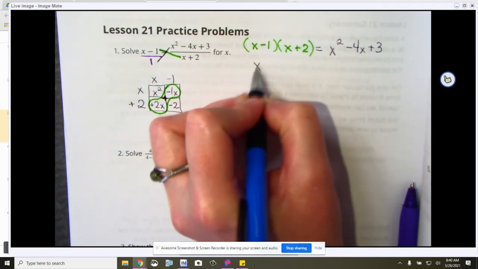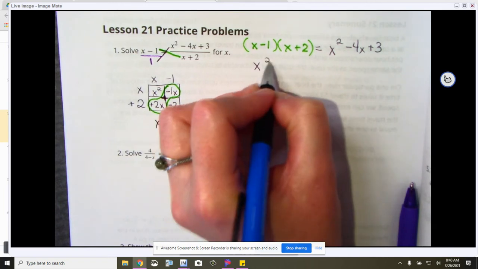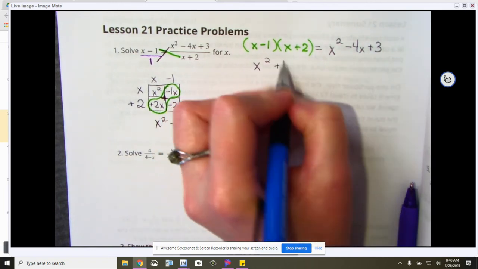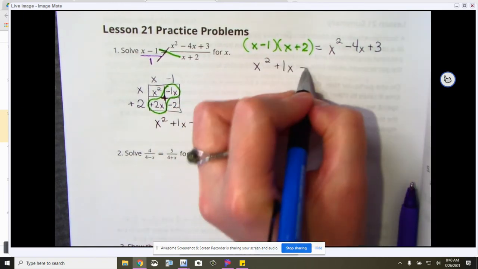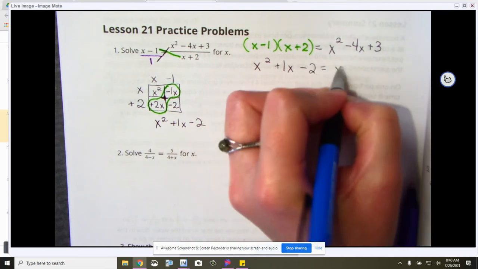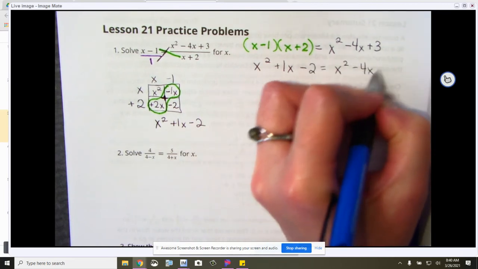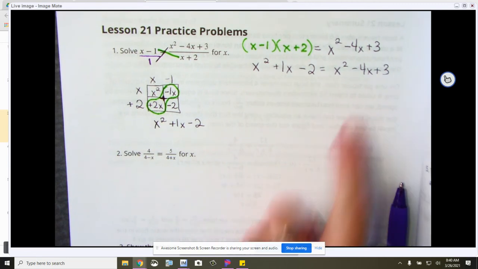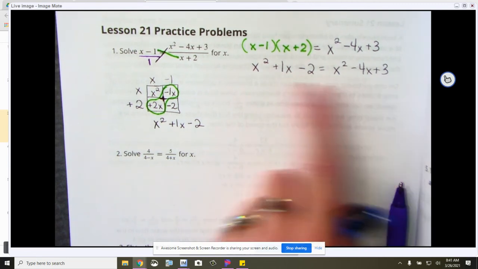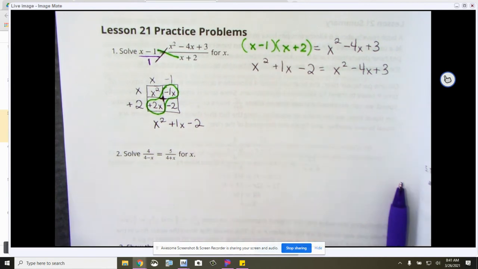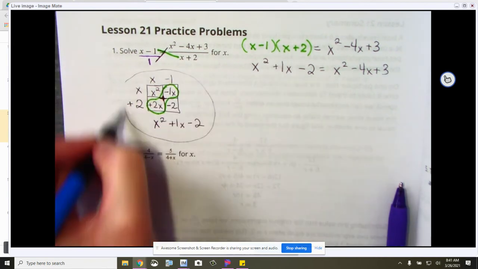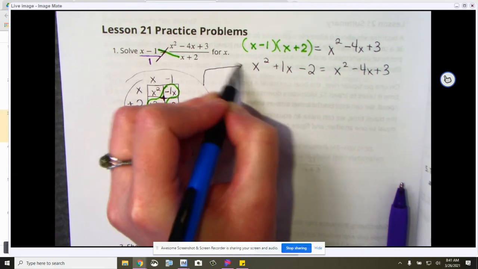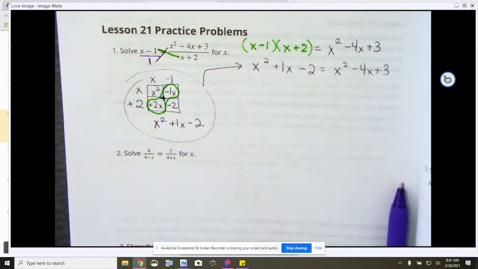All right, so we have rewritten this. Nothing changed on the right side of my equation, but I rewrote this to put it into standard form.